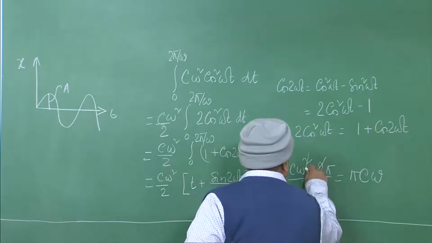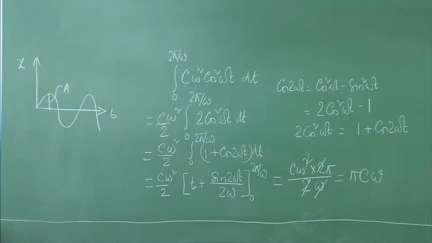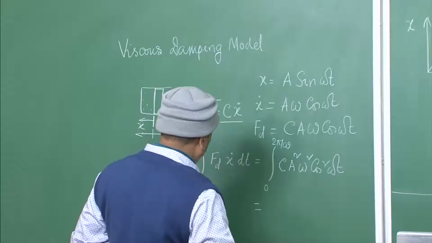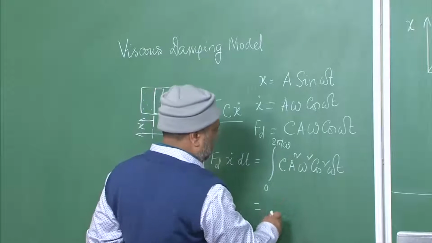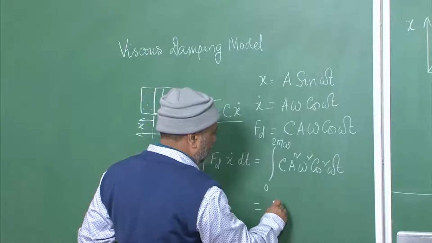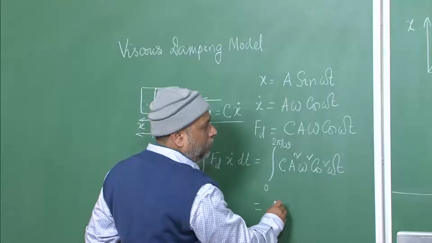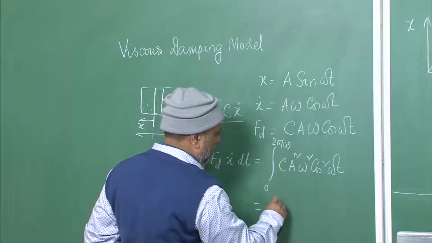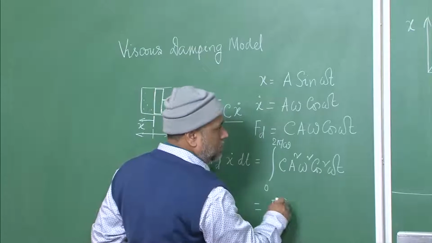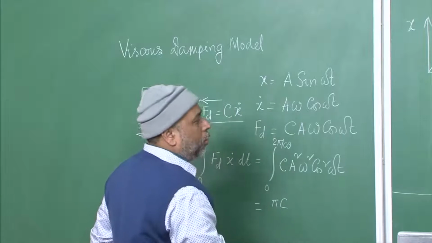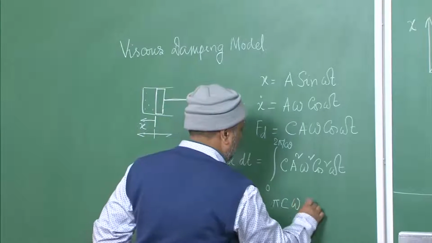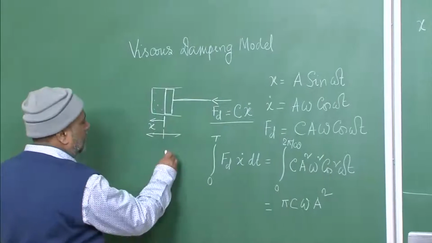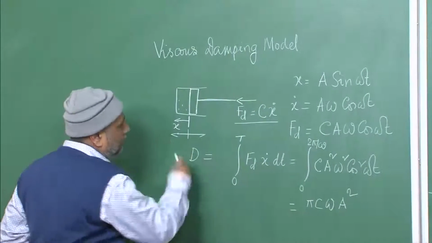If that be the thing, we can borrow this part here, so that we can now write down that this is essentially the amplitude of the system, and pi C omega a square. That is the energy dissipated per cycle.